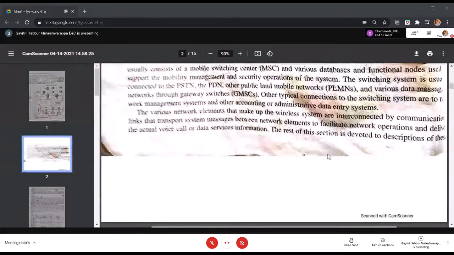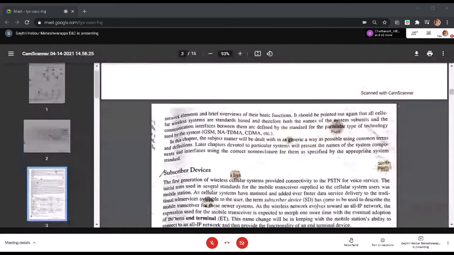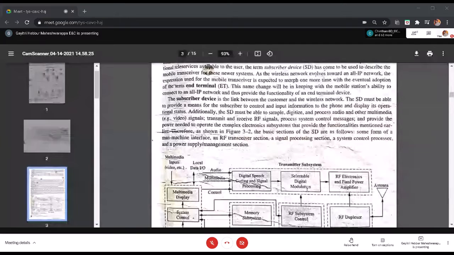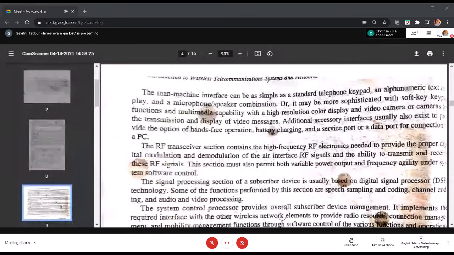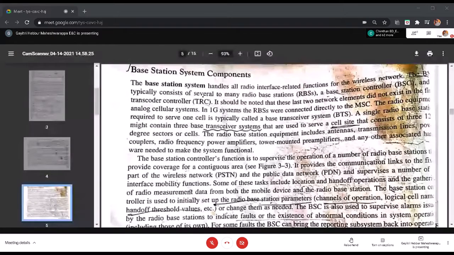Let us see now the function of the base station system. The base station system handles all radio interface related functions for the wireless network. All radio interface related functions means from the mobile to a radio base station, over the air interface, so all wireless related data. For a wireless network, the base station system typically consists of several to many radio base stations.